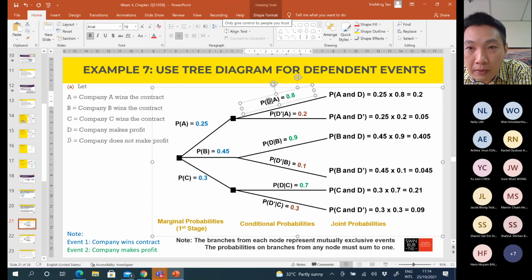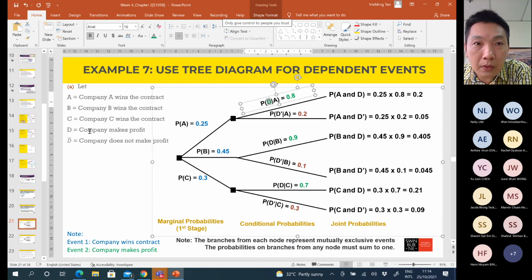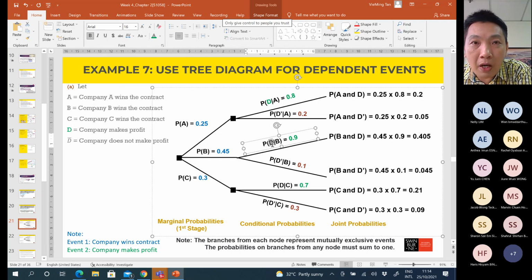This one got D, I use a green color. And this one is D bar, so we don't want to include this. Only the pathways that consist of D, profit.